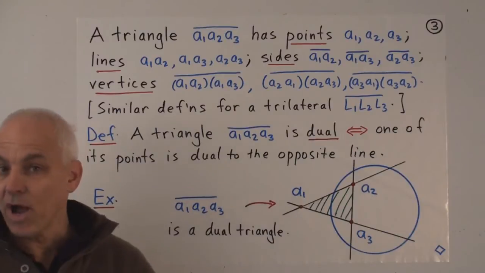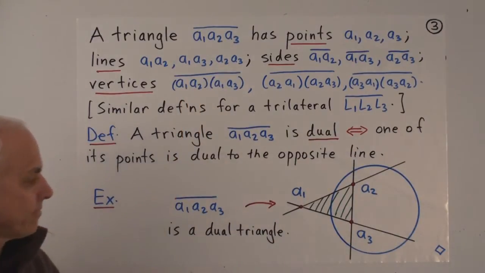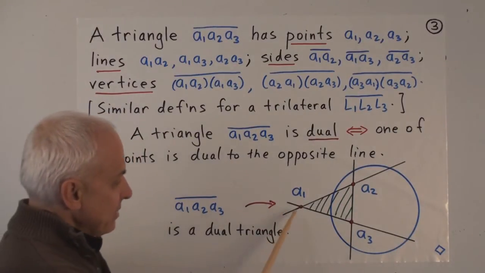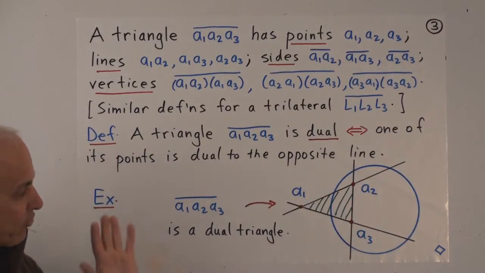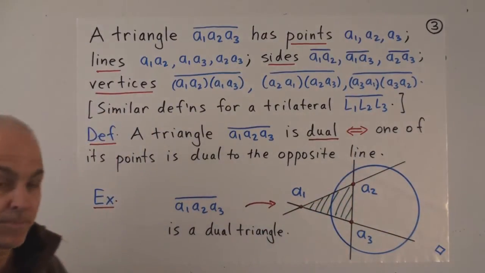So suppose we have a triangle A1, A2, A3. And perhaps in the plane it has points A1, A2, A3 like this. Now when we draw that triangle, we'll probably usually also draw the lines joining the 3 points.